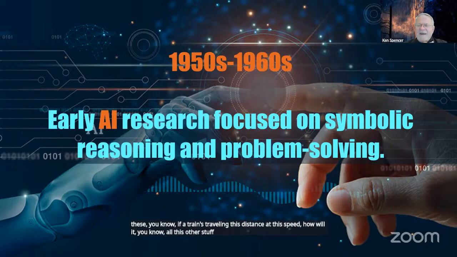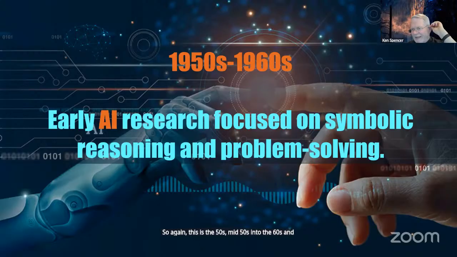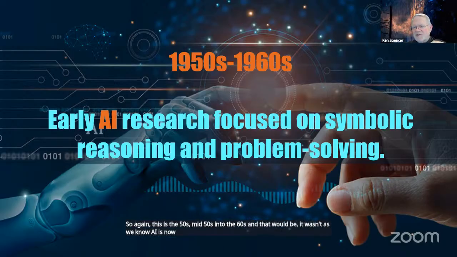They were just starting to get it to be able to solve those kinds of problems. Again, this is the mid 50s into the 60s. It wasn't AI as we know it now. It's really just asking questions that aren't simply arithmetic formulas.